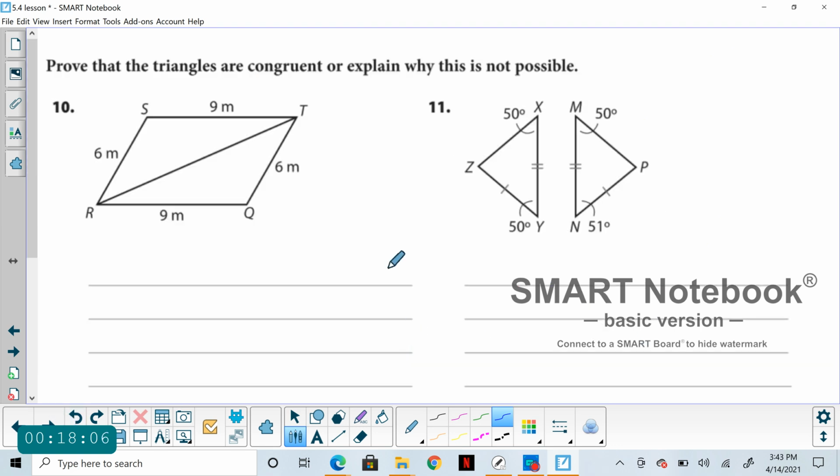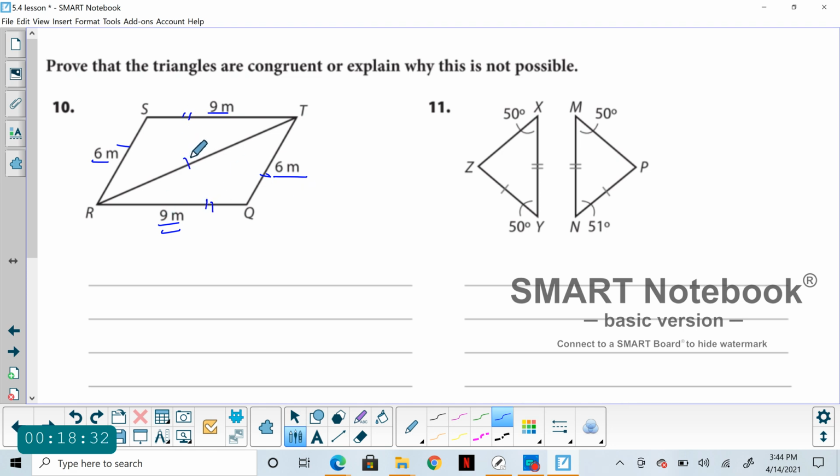So now we want to prove the triangles are congruent or explain why it's not possible. In number 10, we have 6 meters and 6 meters, so these sides are congruent. And we have 9 meters and 9 meters, so we have these sides congruent.